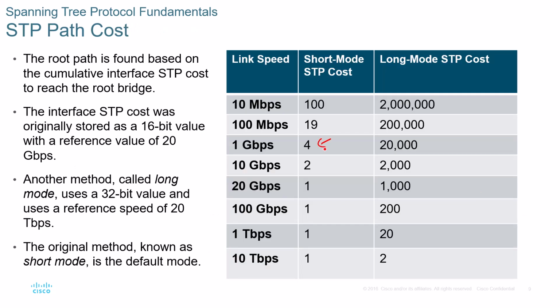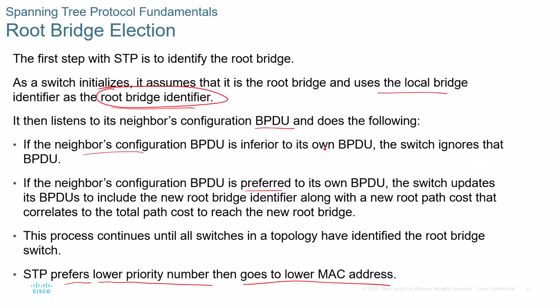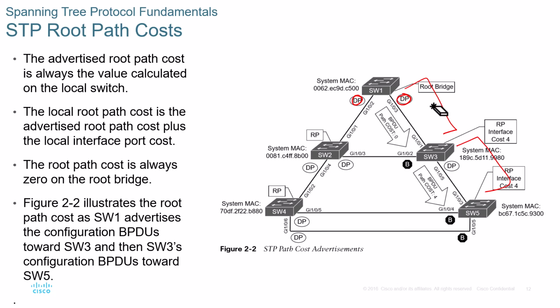We are using the shortest path cost. So this hop is no cost, this hop is no cost. So this cost will be 4.